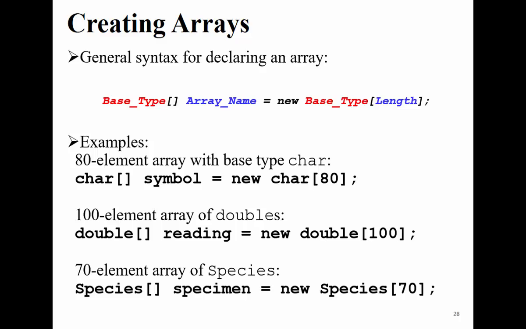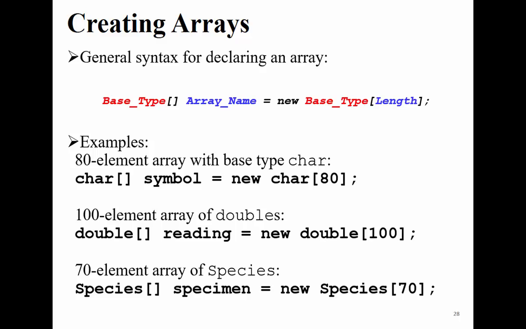Okay, this is an example. I want 80 elements of an array with the base type char, which is a character. You see, I follow the syntax. I would like you to master it because it's really painful to lose marks by not being able to define an array.